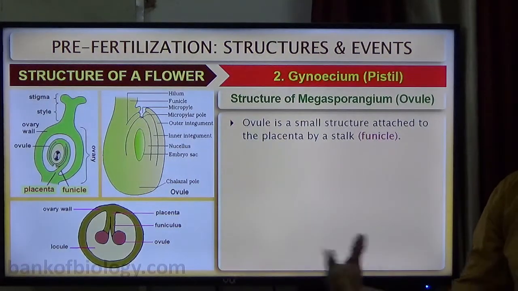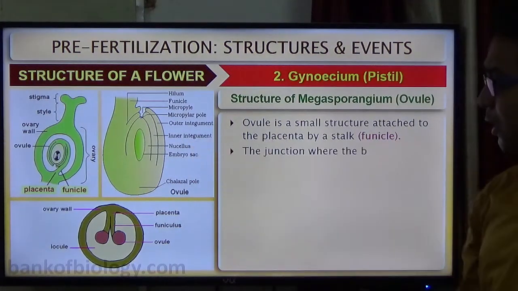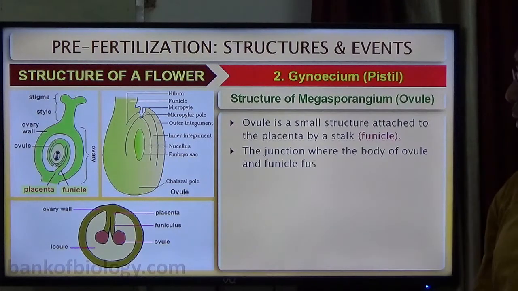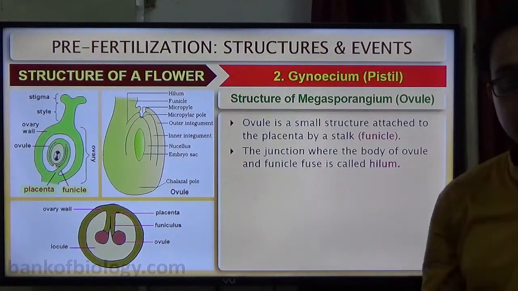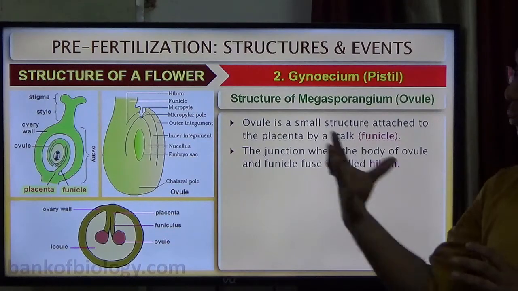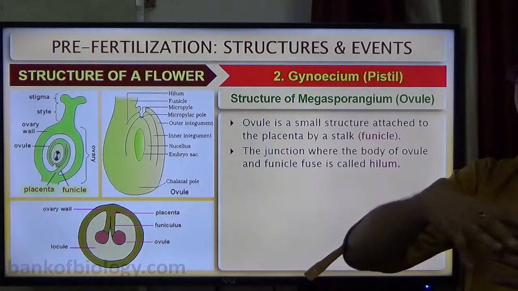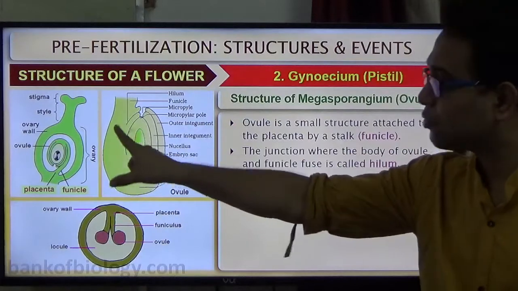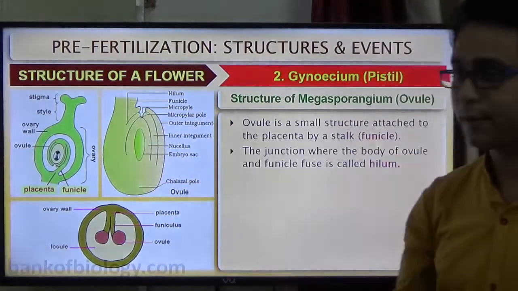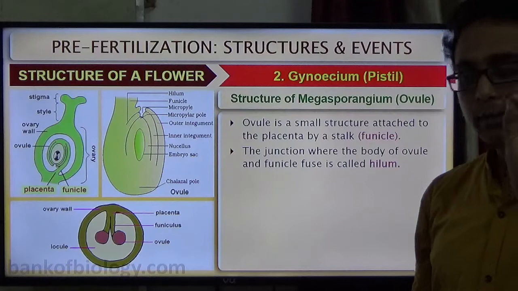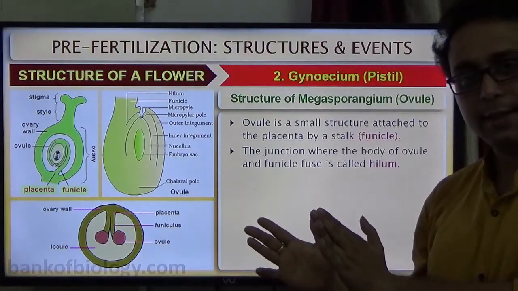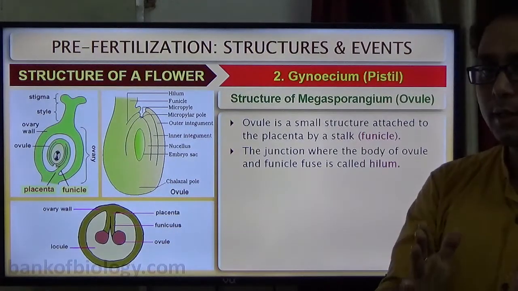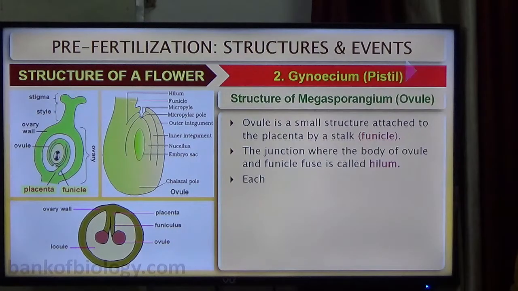Next, another important part: the junction where the body of the ovule and the funicle fuse together. That means this point. It is called the hilum. First placenta, next funicle, next hilum. So that is very important.